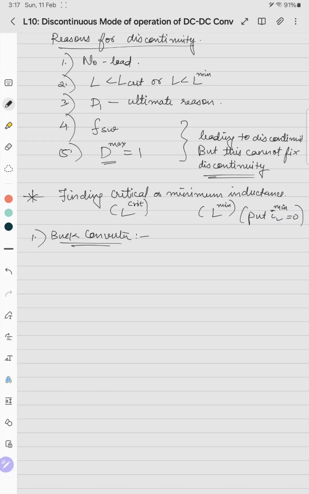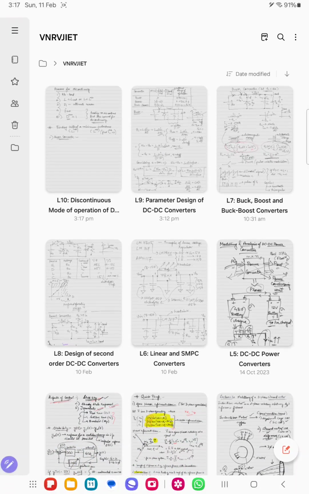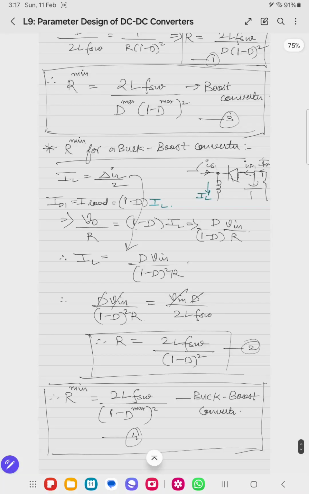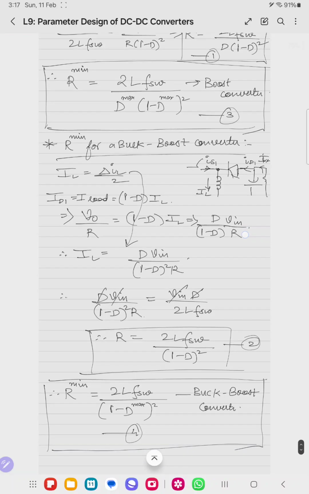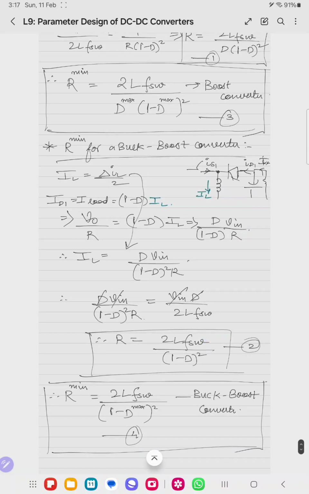This we have already done in the previous lecture, so we can directly copy paste it. Whatever we derived for a boost converter and a buck boost converter, we didn't find what is the minimum load requirement for a buck converter, because even if we find it, we'll get an expression, but even if the minimum load is not added on the buck converter, the converter is safe because D max is 1.